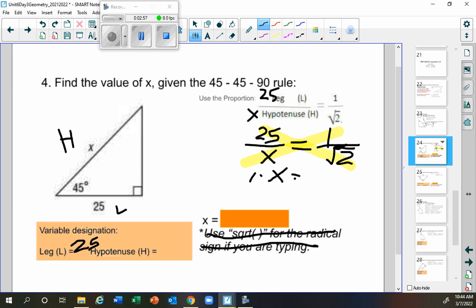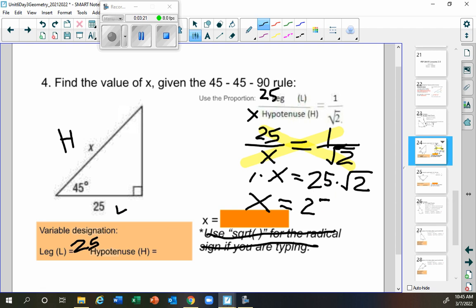And then 25 times square root of 2. Now, what is 1 times X? Now, with this 25 times square root of 2, do we really have to do anything to this? No, just leave it alone.